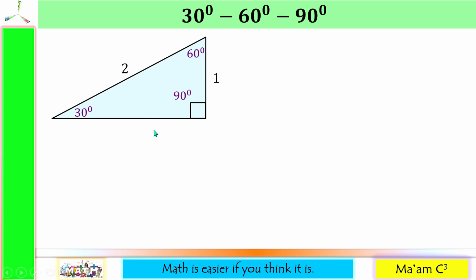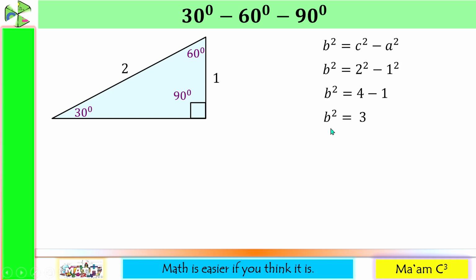Since one of the legs is missing, let me use b squared is equal to c squared minus a squared. C is the hypotenuse, that is the one opposite 90 degrees, so that would be 2. And A is one leg given, and that is 1. So I have 2 squared minus 1 squared. 2 squared is 4, 1 squared is 1. 4 minus 1 is 3.